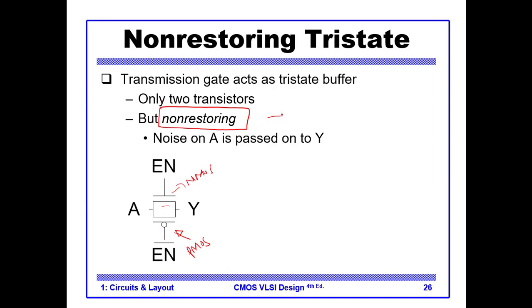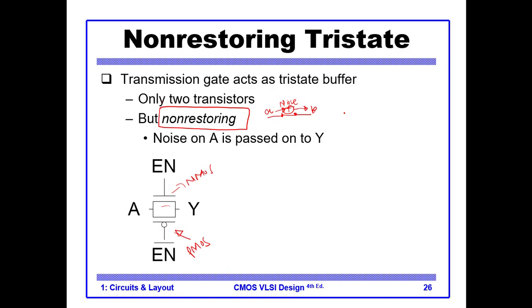It means that when the transmission gate is closed, so if there is A and this A is connected to B, if there is some noise that comes and adds up with A, the noise will be transferred to B. Remember, it was not the case in CMOS gates. The CMOS gates could restore the logic levels.